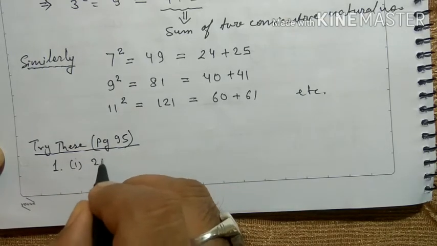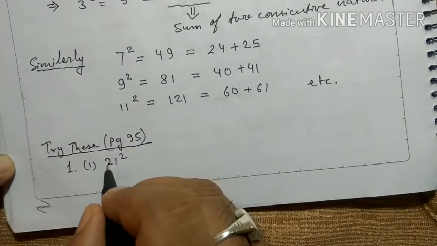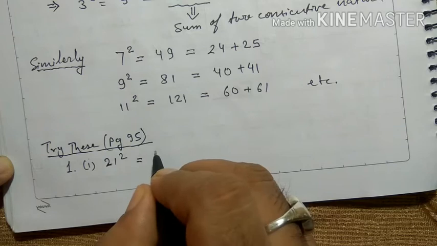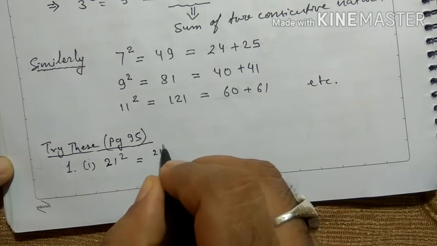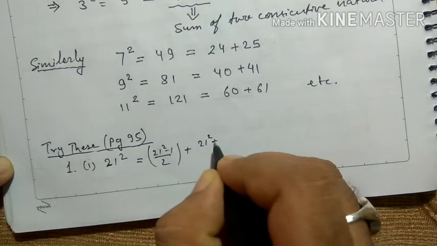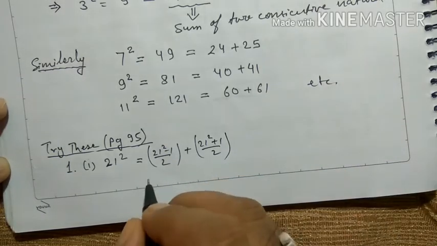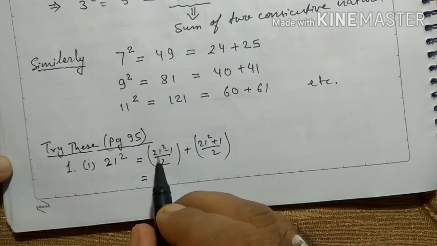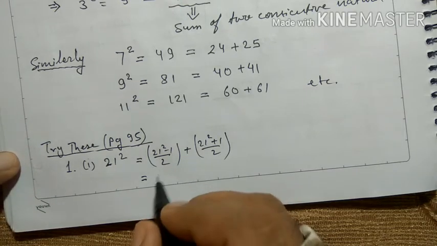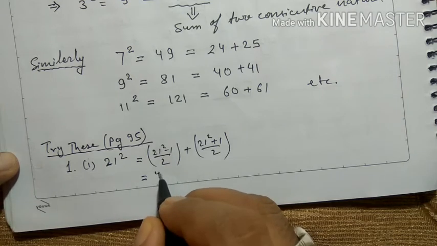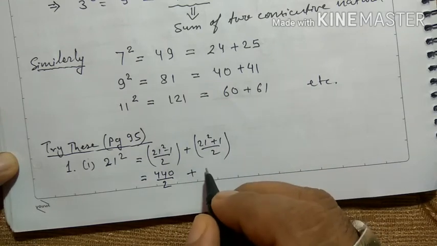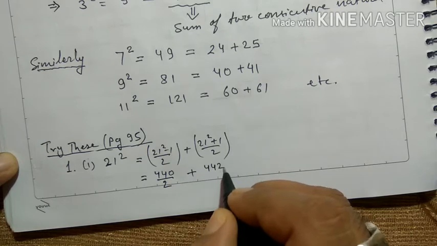Express 21 square as a sum of two consecutive natural numbers. So this is equal to (21 square minus 1) by 2 plus (21 square plus 1) by 2. So this will be equal to: the square of 21 is 441. 441 minus 1 is 440. So 440 by 2 plus (441 plus 1), 442 by 2.